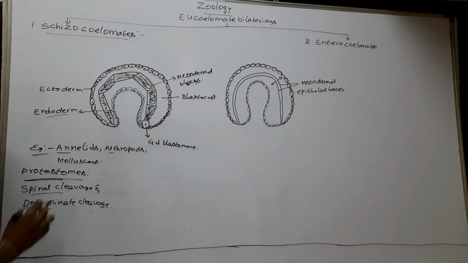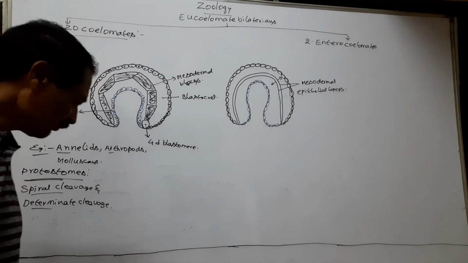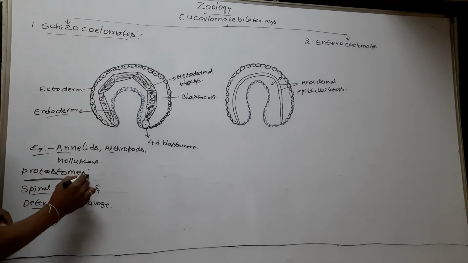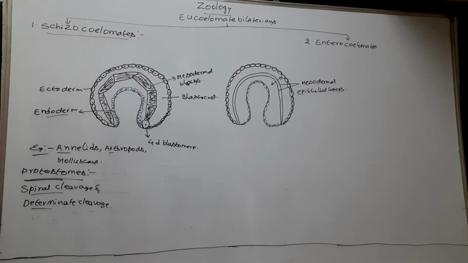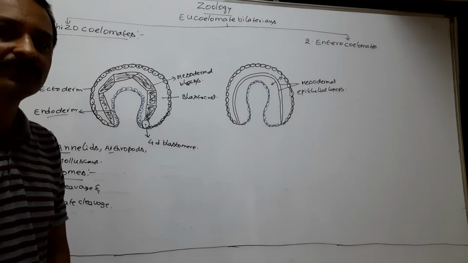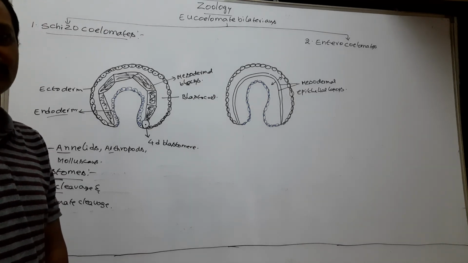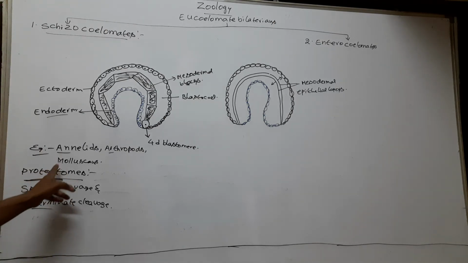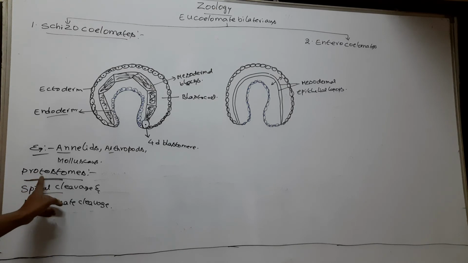What are protostomes? The eucoelomates in which the blastophore develops into mouth are called protostomes.